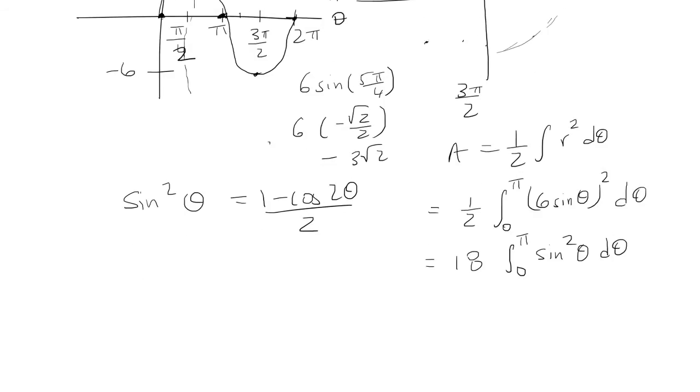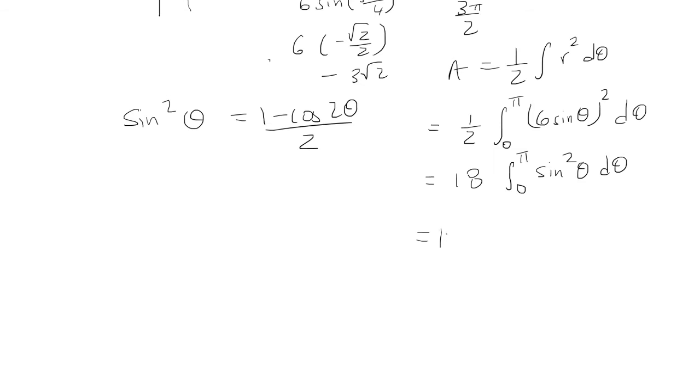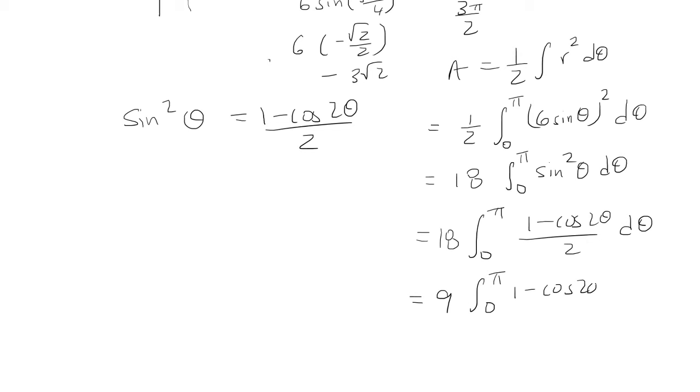So we're going to use that. The 2 comes out as a half, so 18 over 2 will be 9. Then integral from 0 to pi, 1 minus cosine 2 theta d theta.